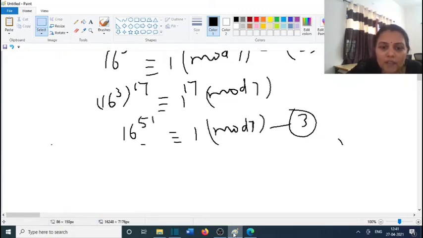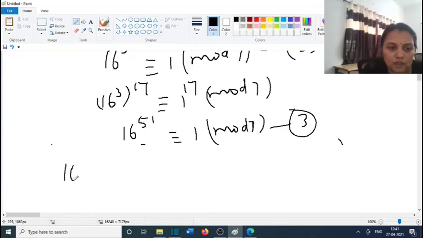This is equation 3. We have to find the remainder of 16 raised to 53. We have 16 raised to 51, now into 16 square. We know that 16 is congruent to 2 mod 7.